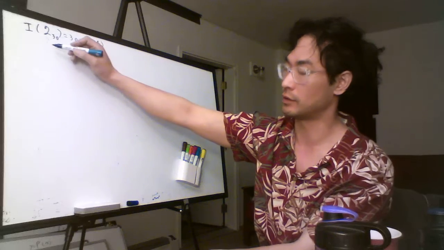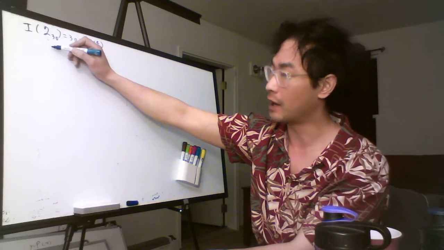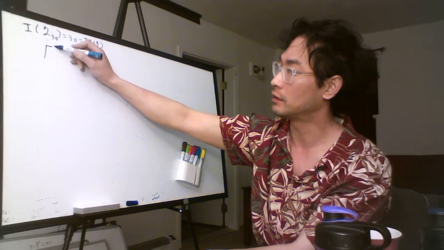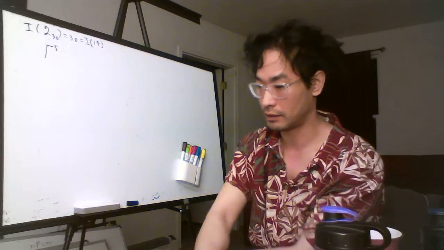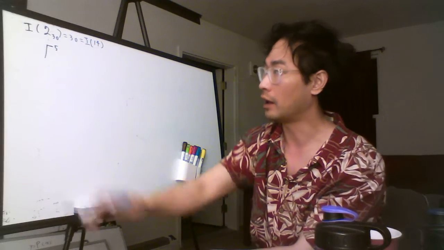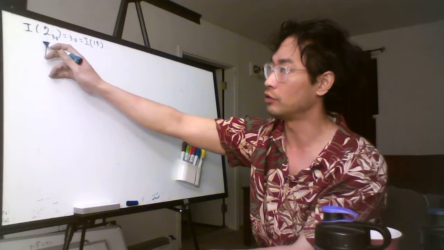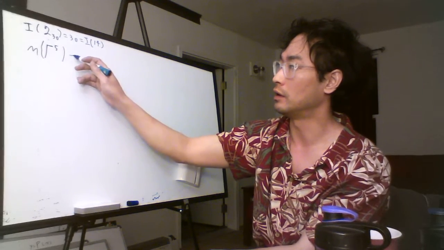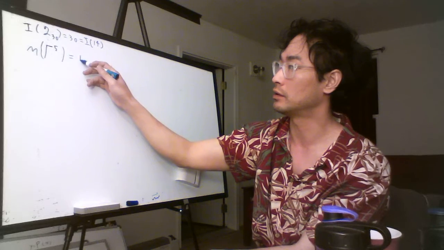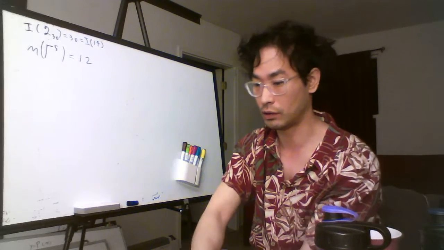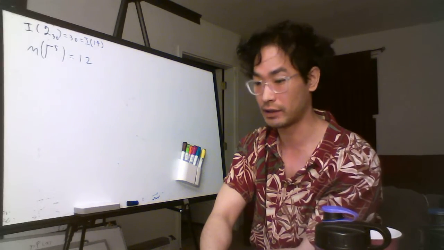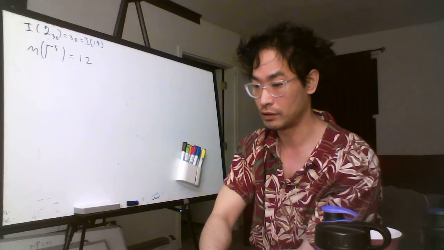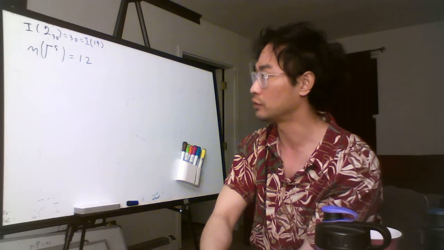Let's make examples. Gamma 5 and the continuity maximal thereof is 12. It contains 2, 4, 6, 8, 10, 12. So continuity maximal is 12.